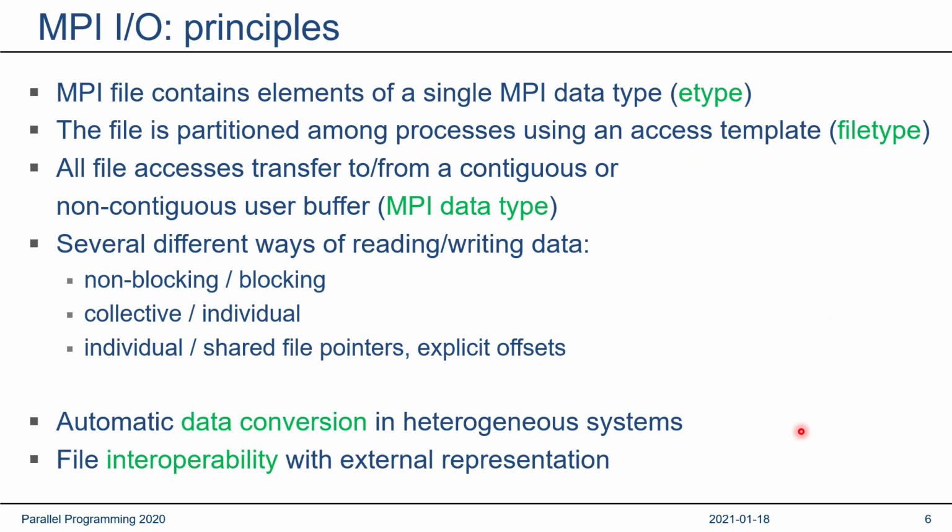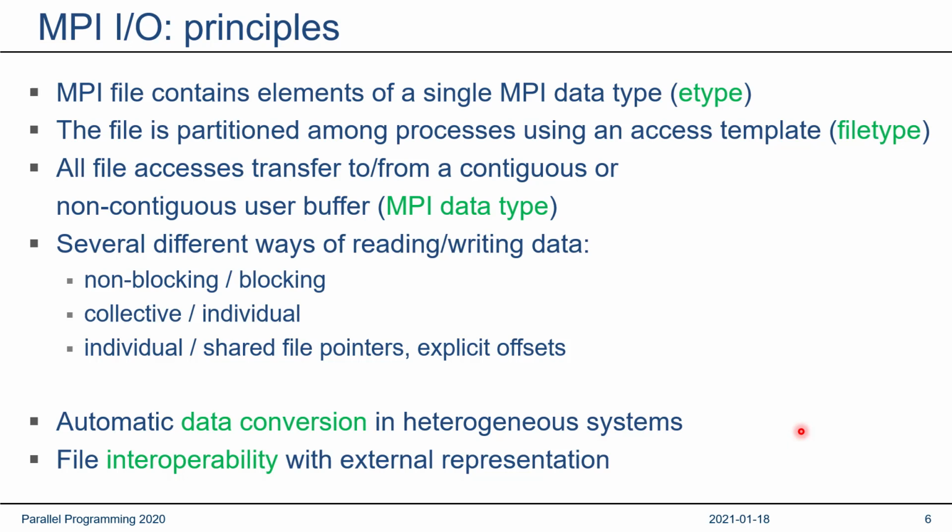Now here are the principles. We'll go into more detail about this later, so this is just a course overview. An MPI file, as seen from the perspective of MPI I/O, contains elements of a single MPI data type, and this is called the E-type. Imagine something like MPI int or MPI double. It could also be a derived type. The file is partitioned among the processes using an access template, and this access template is called the file type.